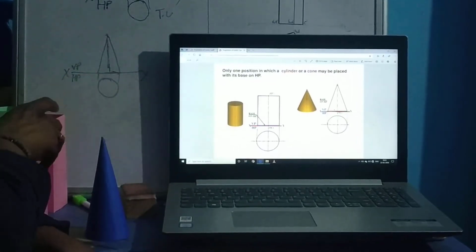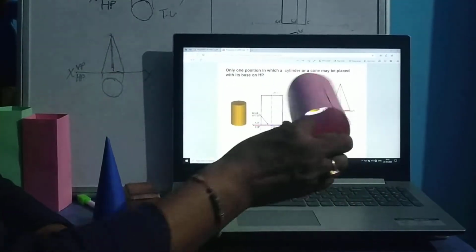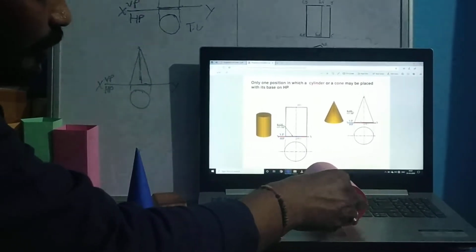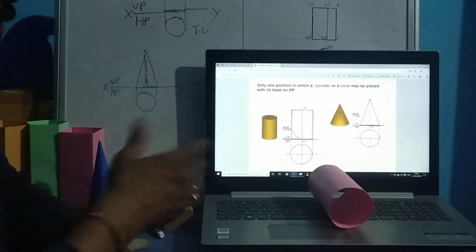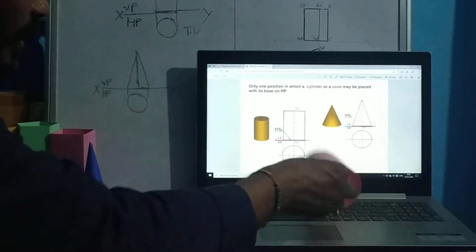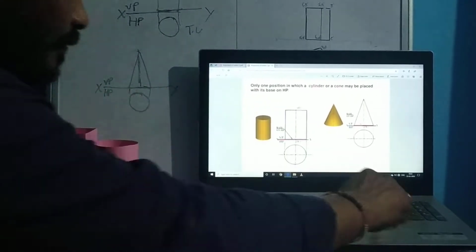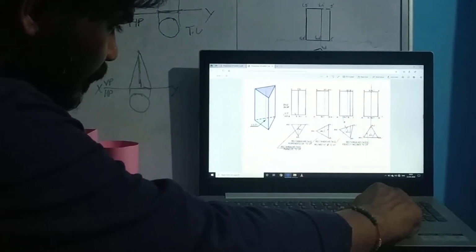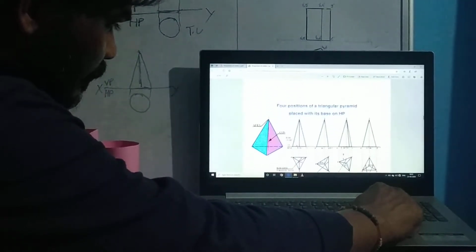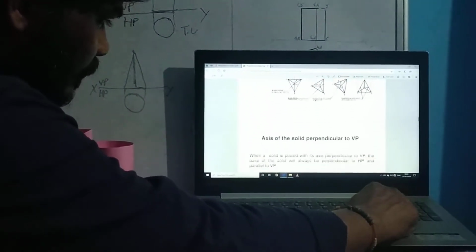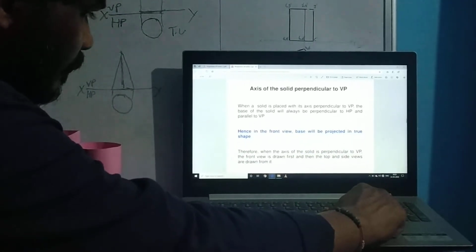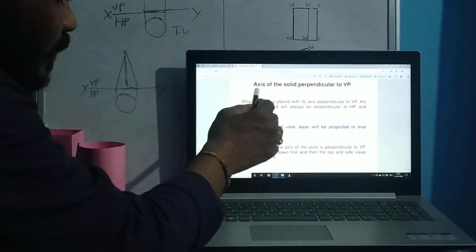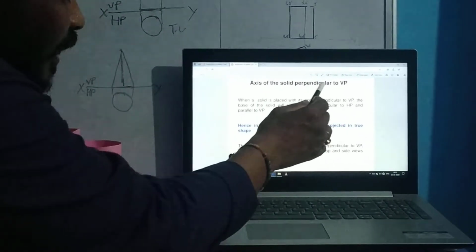Now if the solid is in the second position, if the solid is placed like that, what can we do now? The second position may be when the axis of the solid is perpendicular to VP.